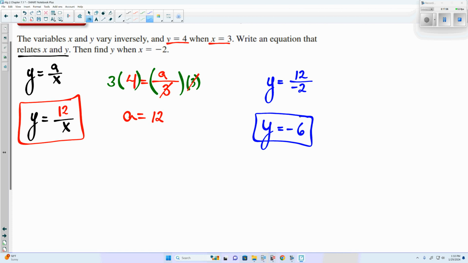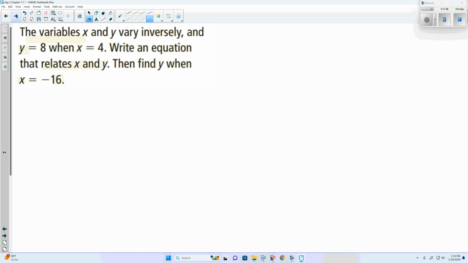We ready for the next one? Variables x and y vary inversely, and y is 8 when x is 4. So we're saying 8 is equal to a over 4. So the first thing we need to do is find the value of a.